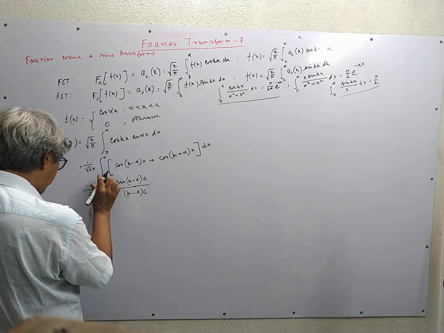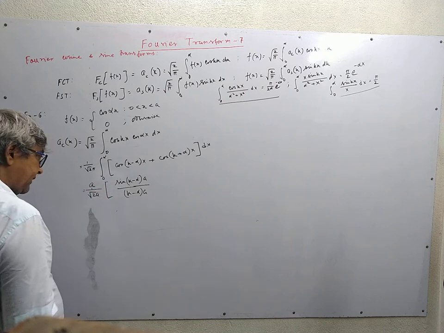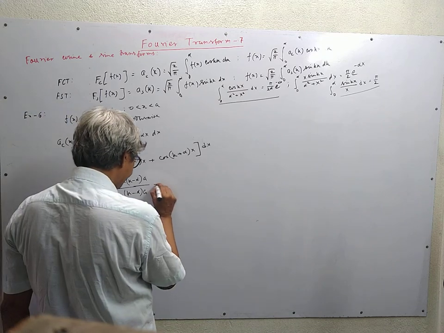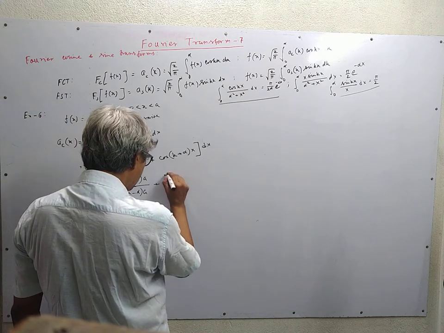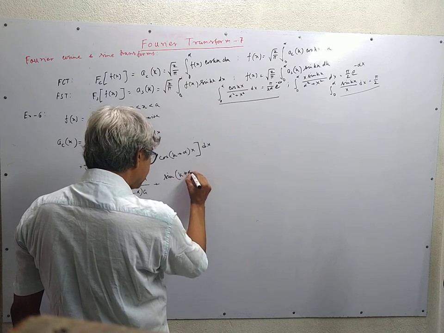This a is multiplied, which is being adjusted over here, plus the term with k plus alpha a.